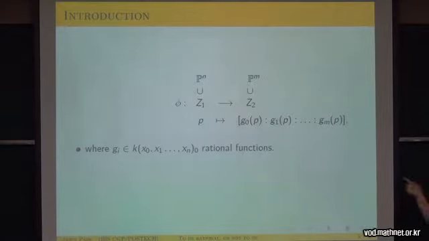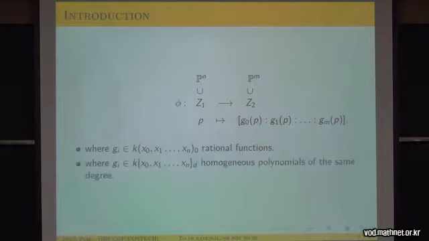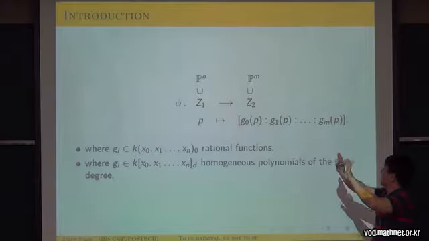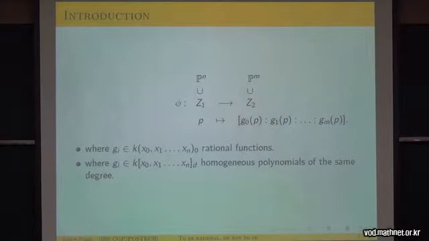So that's why g_i are rational functions, homogeneous, same degree. Or you can say each g_i is a homogeneous polynomial of the same degree. It's the same because when you have some expression for your rational map, each component has a denominator, and you take the product of all the denominators.